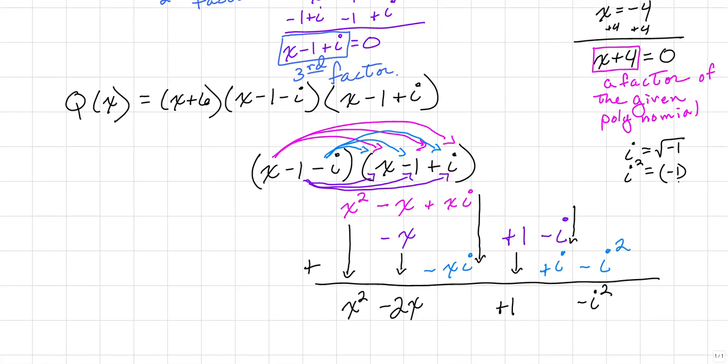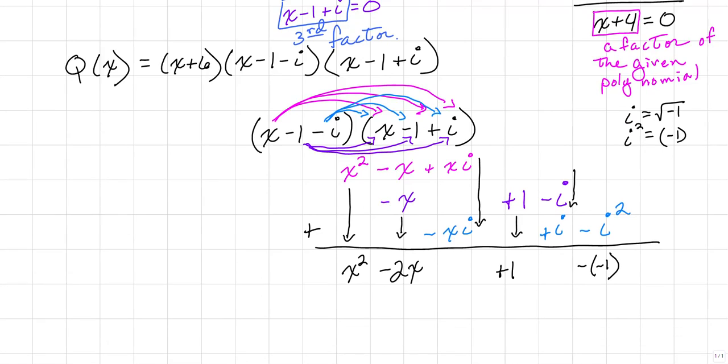And notice that I wrote it in parentheses. And so, instead of having negative i squared, I'm going to have negative negative 1, which is going to be a plus 1. And so my polynomial is x squared minus 2x plus 2.